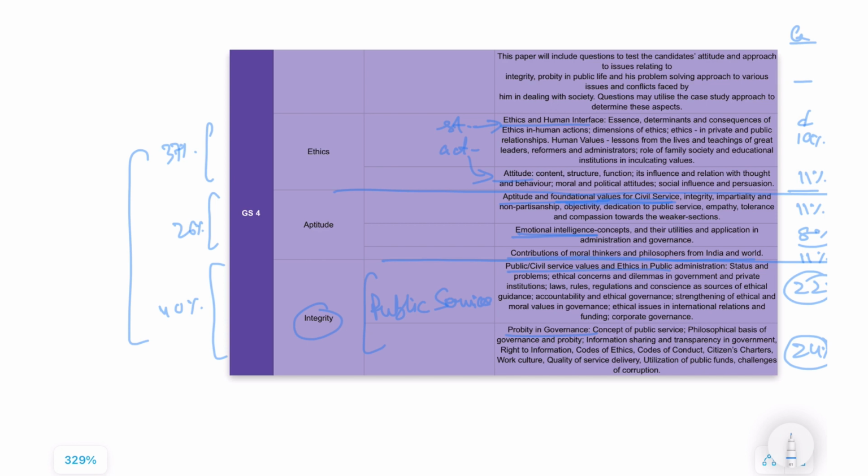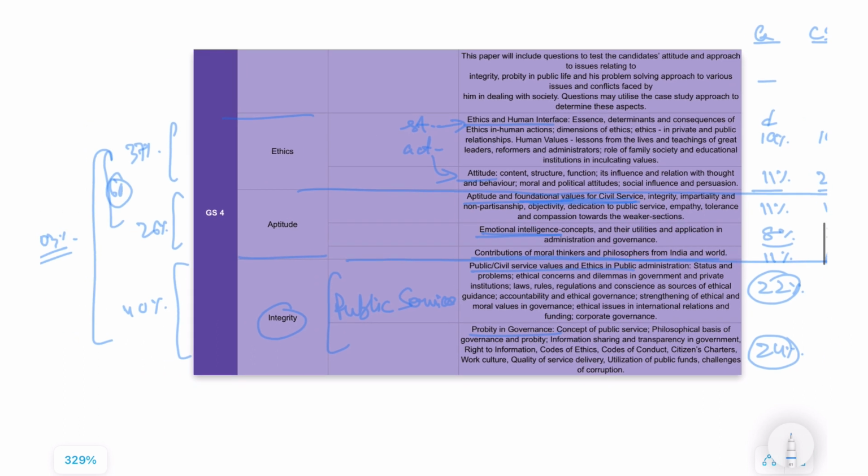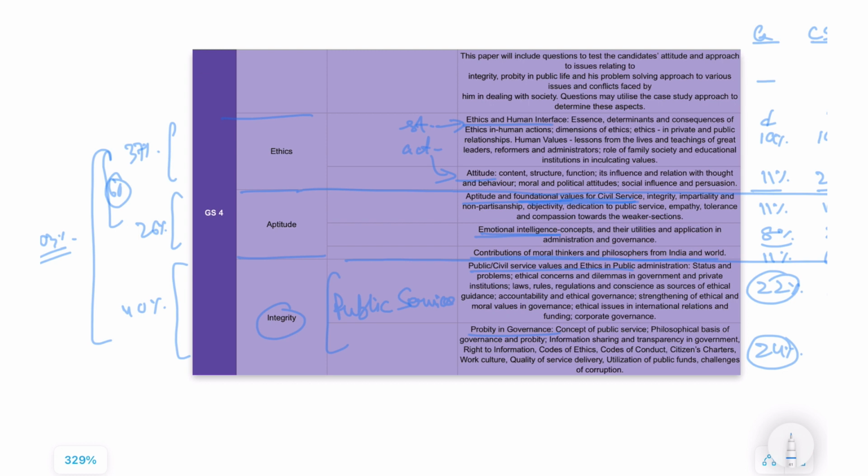In total, it comes out to be 50, 63, 103. I'm overshooting it, but this comes to around 60. So integrity is 40%, this is around 60%, then it's more on this side, let's say 35 here and 25 here.